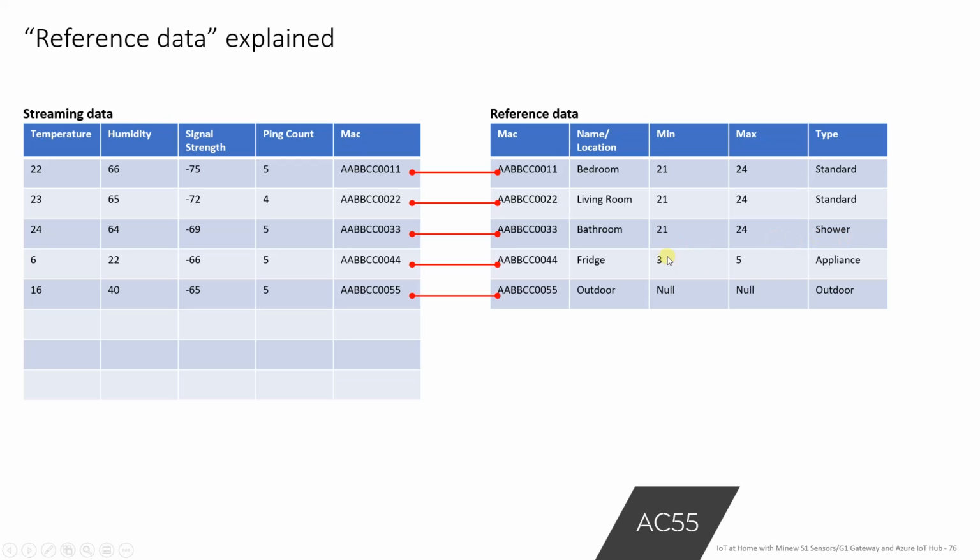In this case, for instance, in my fridge, the minimum value should be 3 degrees, maximum value should be 5 degrees, and I've defined it as a type of appliance, whereas the bathroom would be a shower, and the bedroom and living room would be standard measures. So that's what you could use a reference data set for, and join it up with your streaming data to make it more useful. So let me show you how you actually do that.